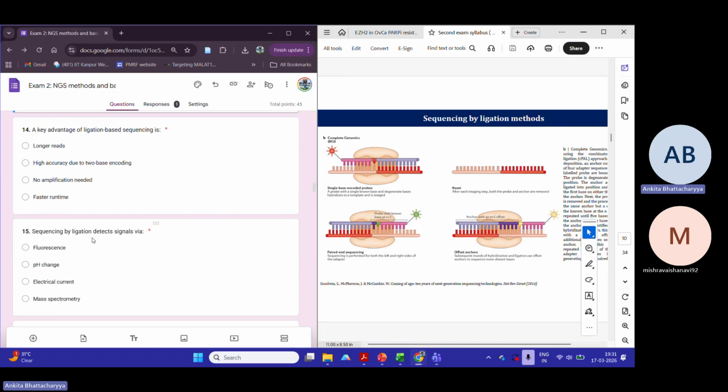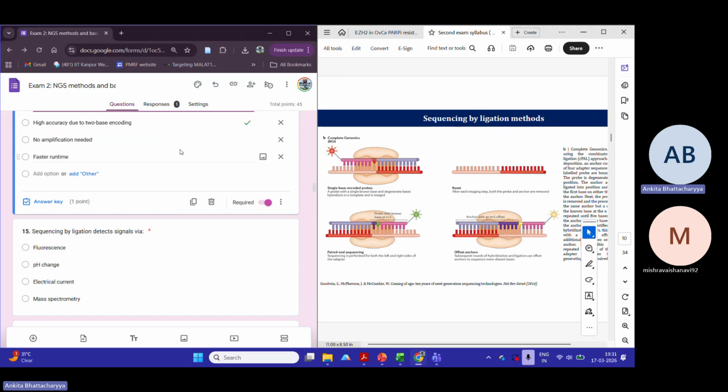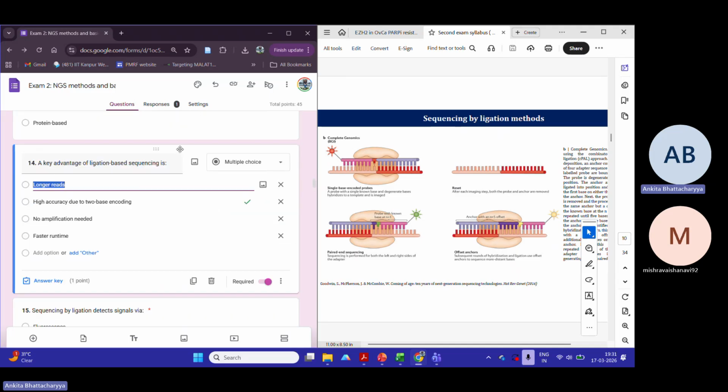Then a key advantage of this entire process of ligation-based sequencing, what does it do? It gives you quite high accuracy because two bases are already known. So any of the other protocols for sequencing will always rely on the efficiency of the reaction throughout the process.